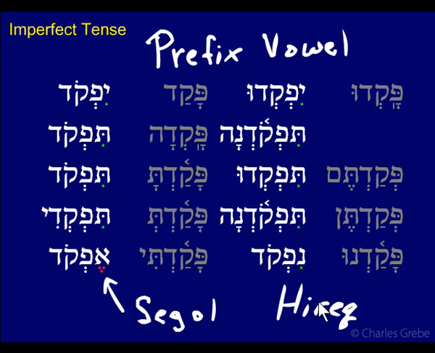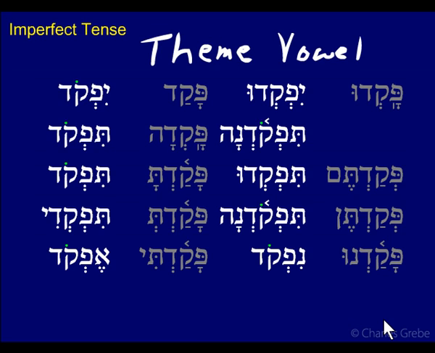Except for that aleph there, except for this one. This is the oddball. But otherwise, the prefix vowel is hiriq, and the theme vowel is holem. Okay, so we have holem here, and here, and here, and here, and here, and here, and here.